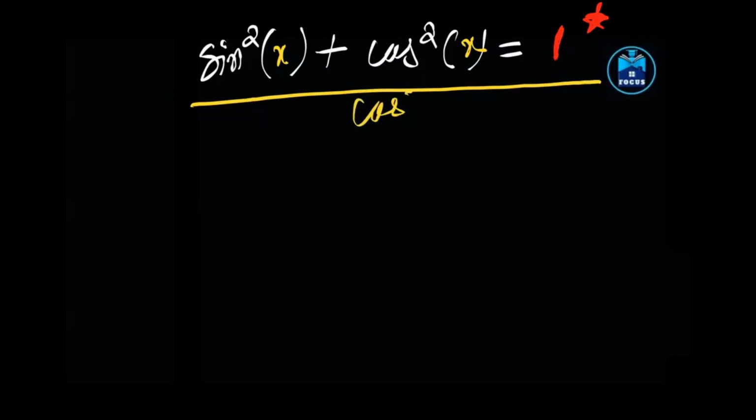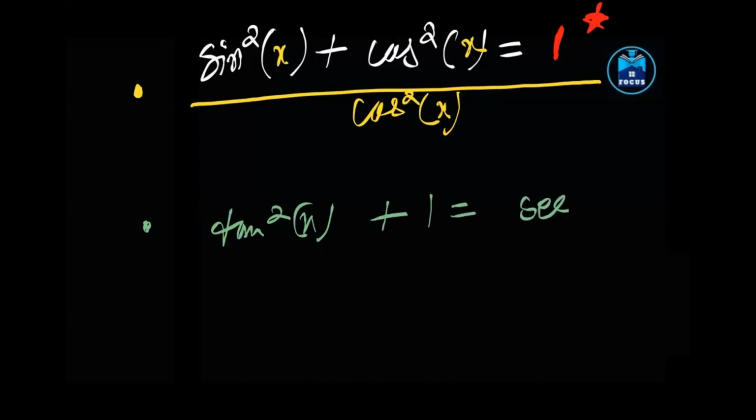First of all, let's divide by cos square x, and tell me if you already understand how we are able to obtain this equation. So are you already clear with this? Yes. Okay, like when we divide on both sides, this is what we will obtain. Is it clear? Yes.